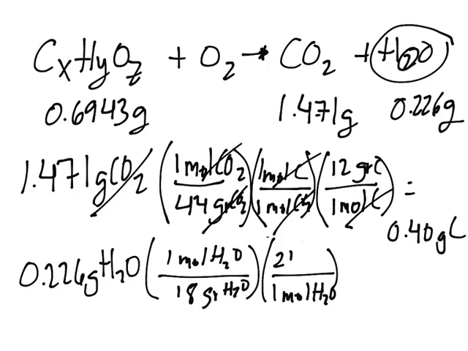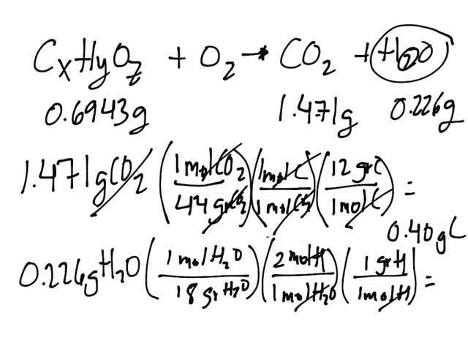So it's 2 moles of hydrogen. And then simply 1 mole of hydrogen is its atomic mass, which is about 1. Just go with this, and we will get about 0.025 grams of hydrogen. So let's recap.